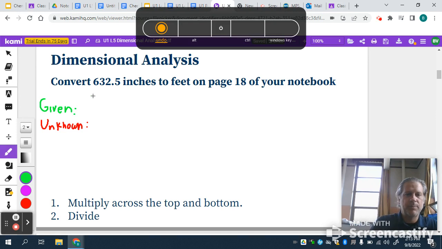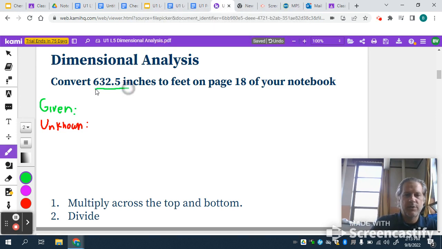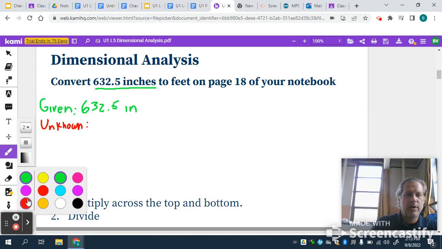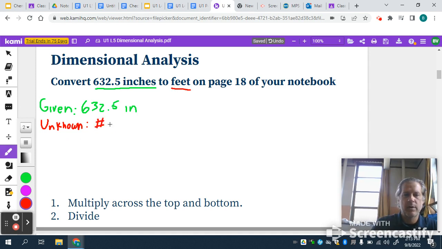So in this problem, we are starting with 632.5 inches. So that's my given, 632.5 inches, and we are going to convert it to number of feet, which is our unknown. So I'm going to say number of feet.